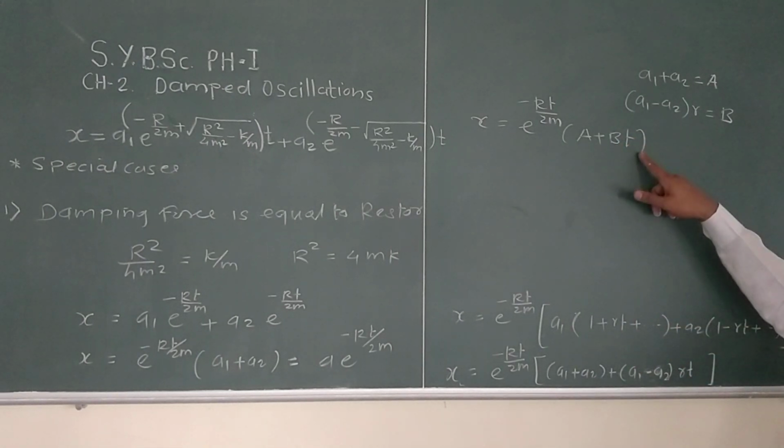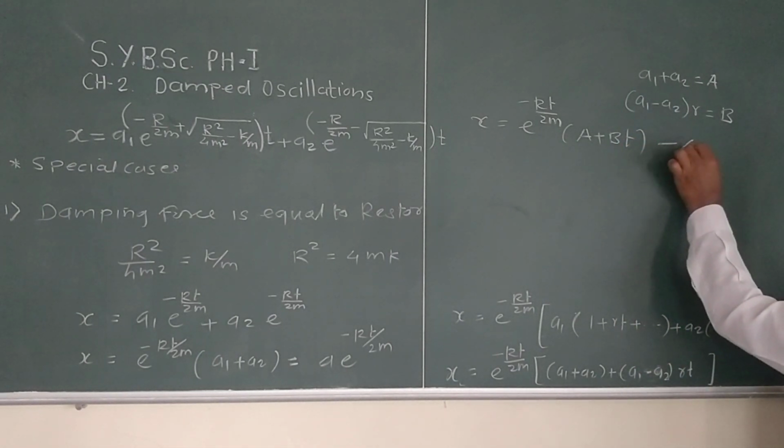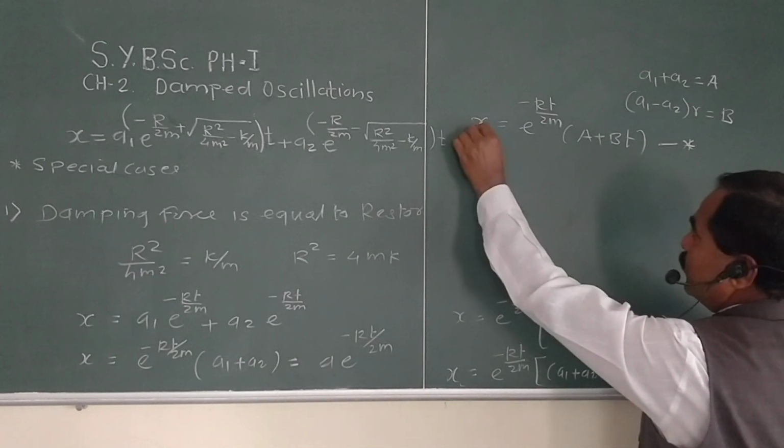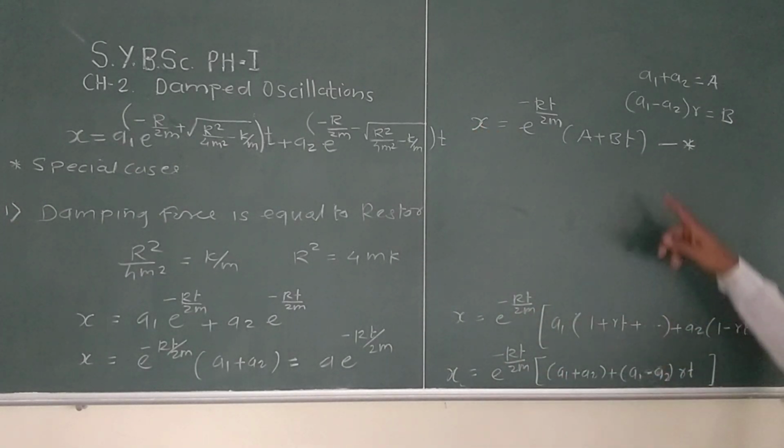Okay, this is the equation which gives the resultant motion, where we consider the case r square upon 4m square equal to k by m.